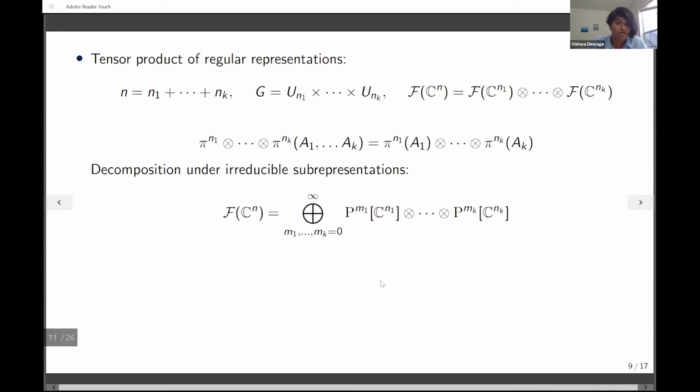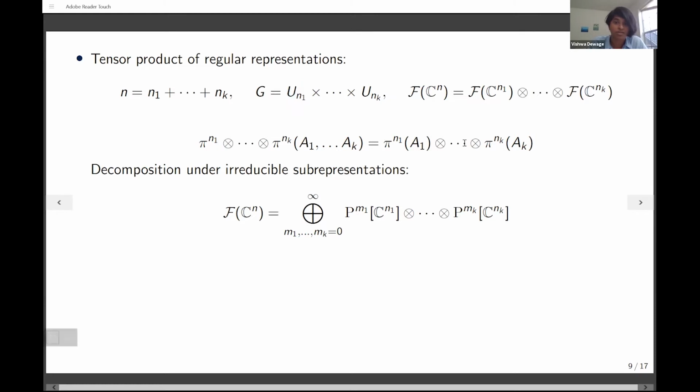Now, but our group is the product of unitary groups. Our n is n1 plus so on up to nk, and G is U(n1) times up to U(nk). And the Fock space F(Cn) can be written as the tensor product of the F(C^ni)s. Now we can define the tensor product of each of the representations pi ni corresponding to each group U(ni) to be this.